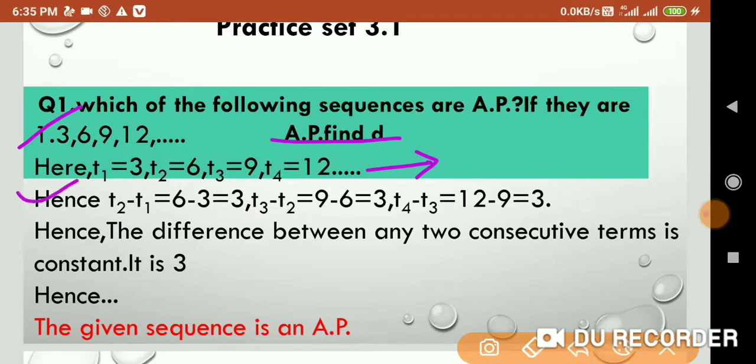Here we take the difference between two consecutive terms. T2 minus T1, 6 minus 3 is equal to 3. T3 minus T2, 9 minus 6 is equal to 3. T4 minus T3, 12 minus 9 is again 3. Now here see again, the common difference D is constant, and therefore the given sequence is an example of AP.